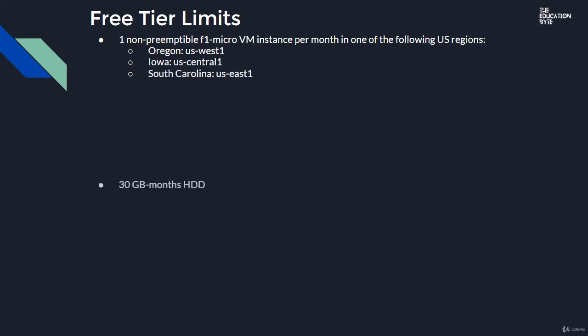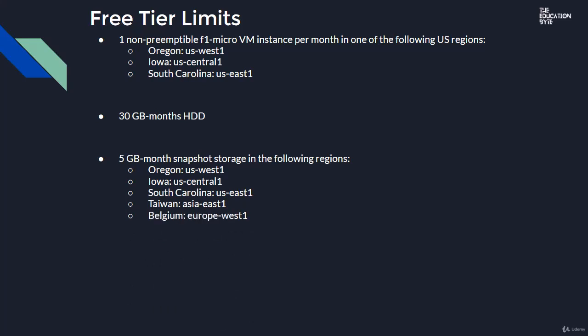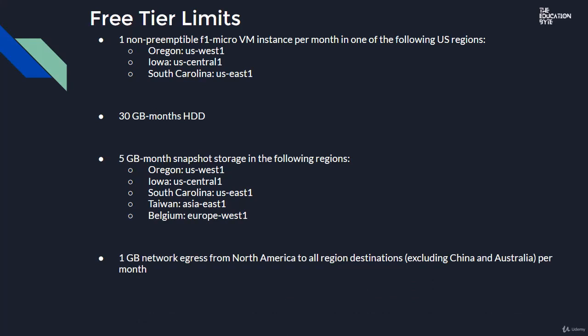You also get 30 GB per month of HDD storage. You get 5 GB per month of snapshot storage in the following regions: again US West, US Central, US East, or Asia East as well, and Belgium, Europe West. You get 1 GB network egress from North America to all region destinations, excluding China and Australia, per month.